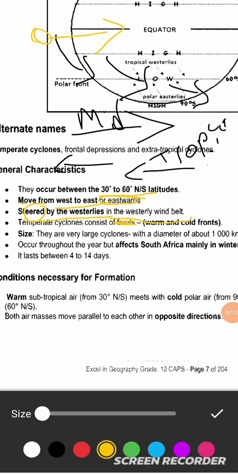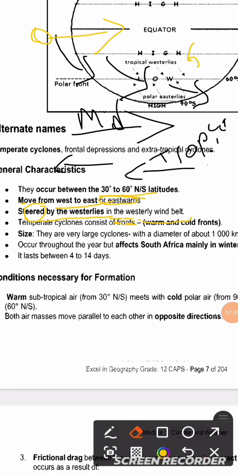Unlike the tropical cyclone, which is represented by an eye. The reason why I also explain the tropical cyclone is that I want you to get the difference between the mid-latitude cyclone and the tropical cyclone. Mid-latitude cyclone is represented by fronts.